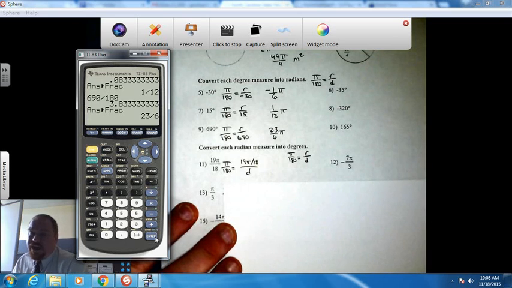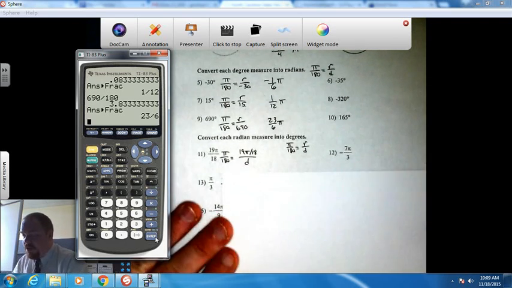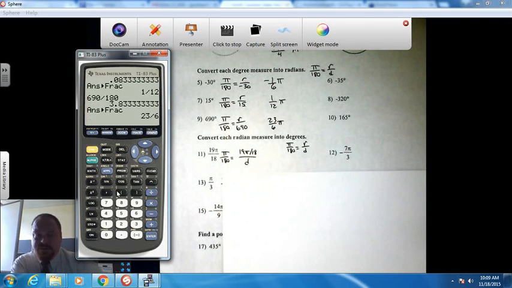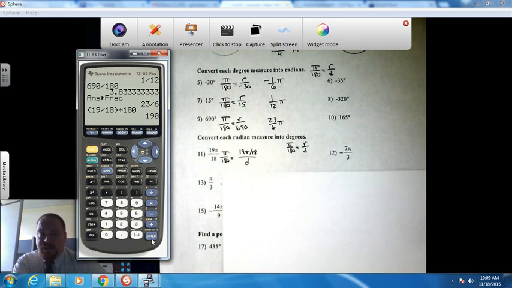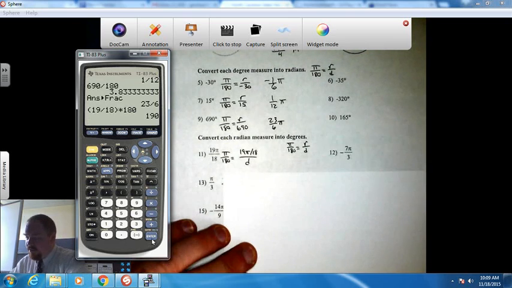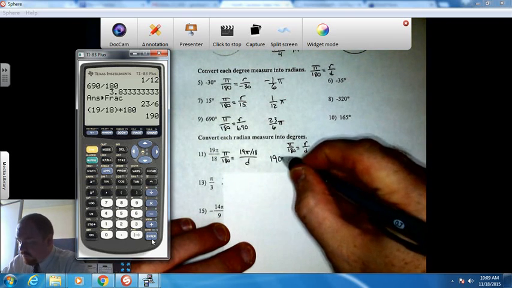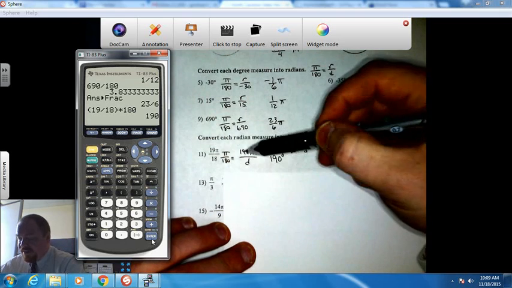So they're going to cancel out anyways. So here we go. I'm just going to type this in. 19 divided by 18 times 180 is 190 degrees because the pi's canceled.